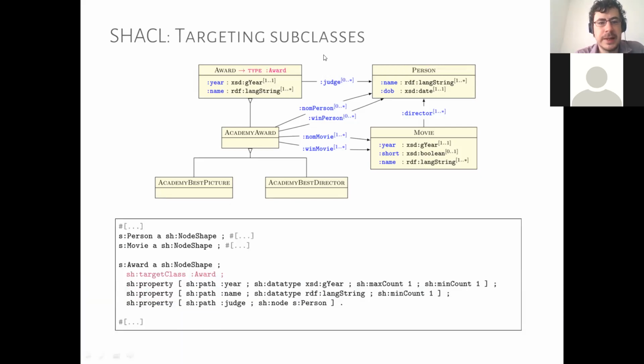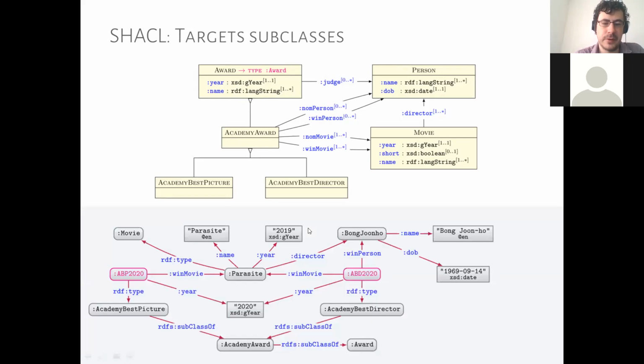In terms of the subclasses, here we can specify the type and instance in the graph. So we use target class for that. We specify that the award shape should target the class award, all of the instances of award in our RDF graph. If we have here two nodes, what's interesting is that they're not directly instances of award.